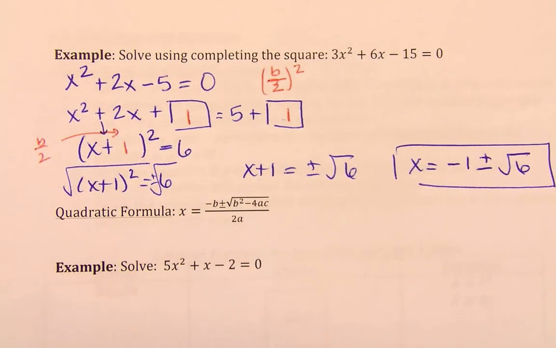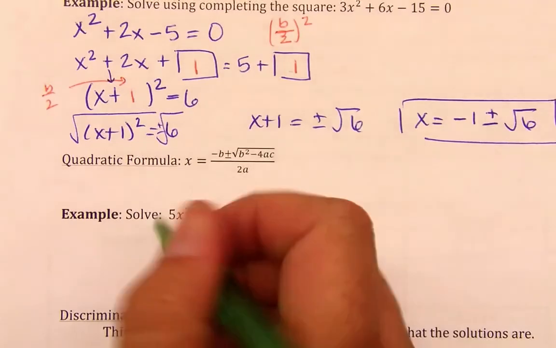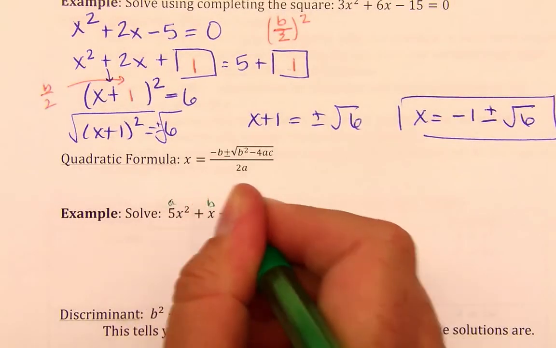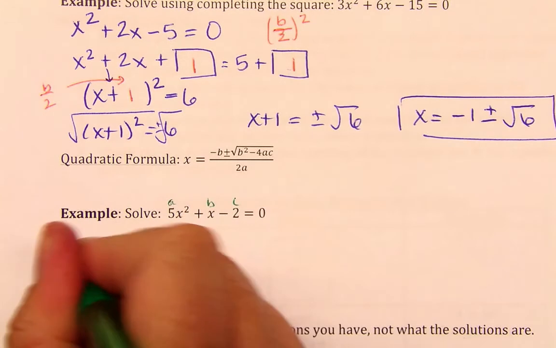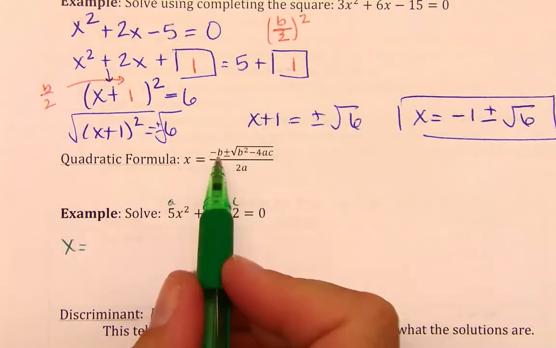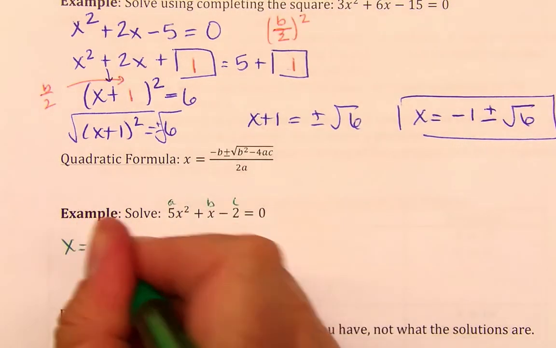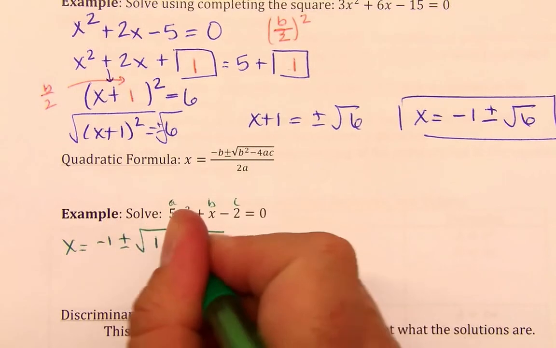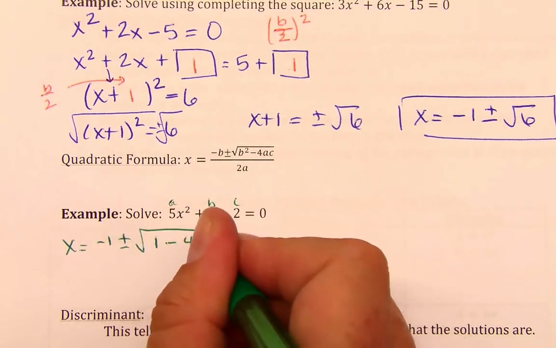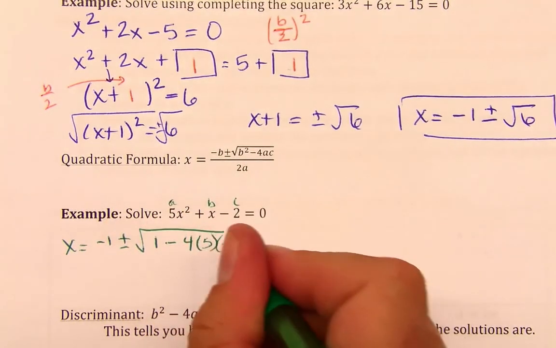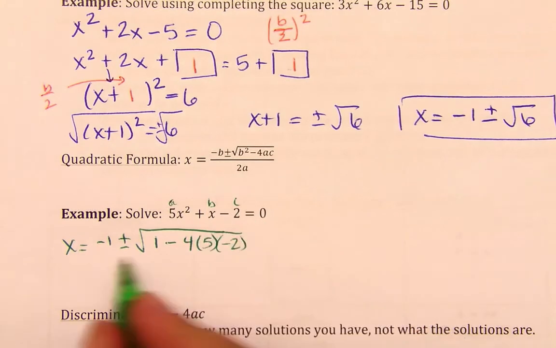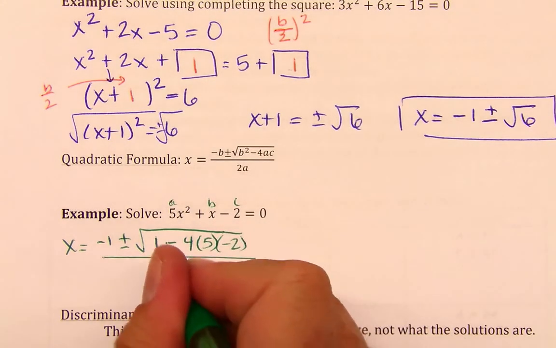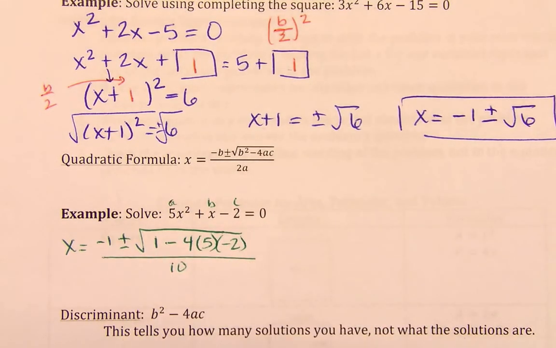Now we have the quadratic formula right here, and most of you will be familiar with this. So this is my a, this is my b, and this is my c. And x is equal to negative b, so -1 plus or minus the square root of b squared minus 4 times my a value times my c value, all over 2 times a, which in this case is going to be 10.